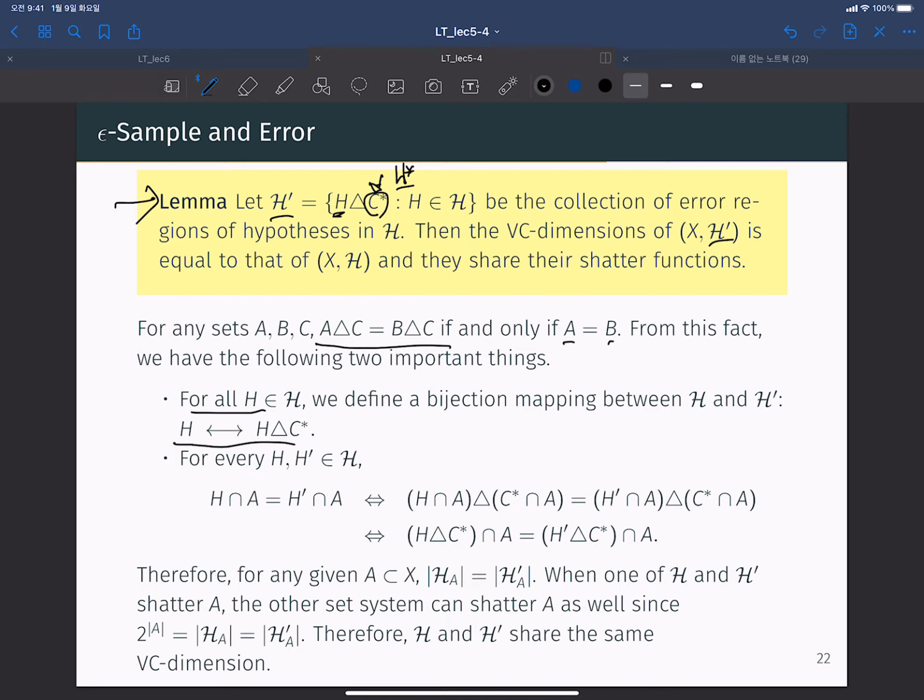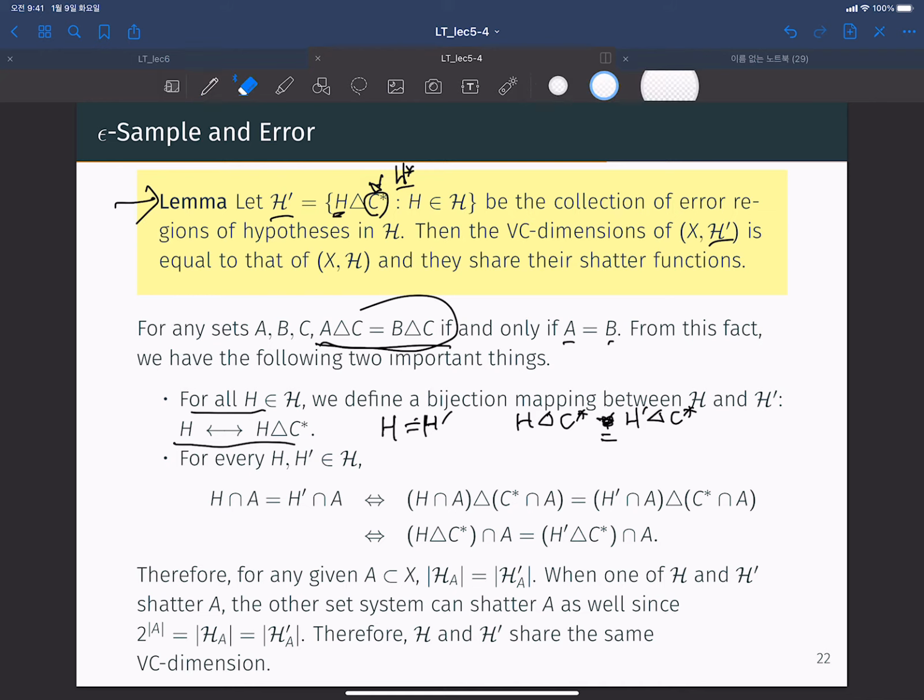Because when H and H prime are not the same, then H set difference C star is not equal to H prime set difference C star. If they are the same, then they were the same from this fact.